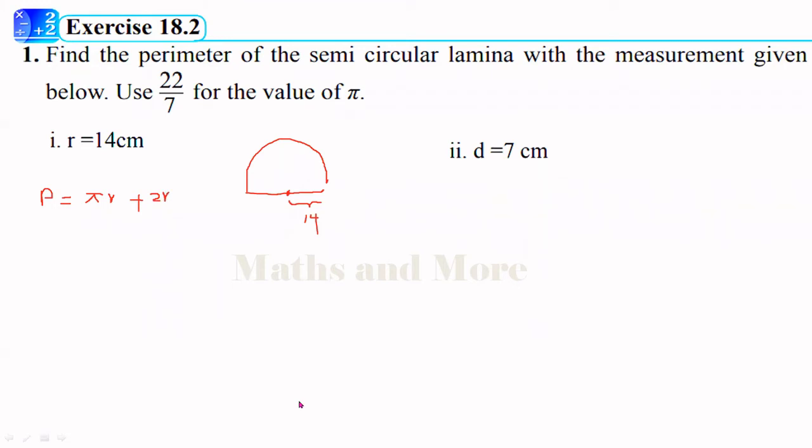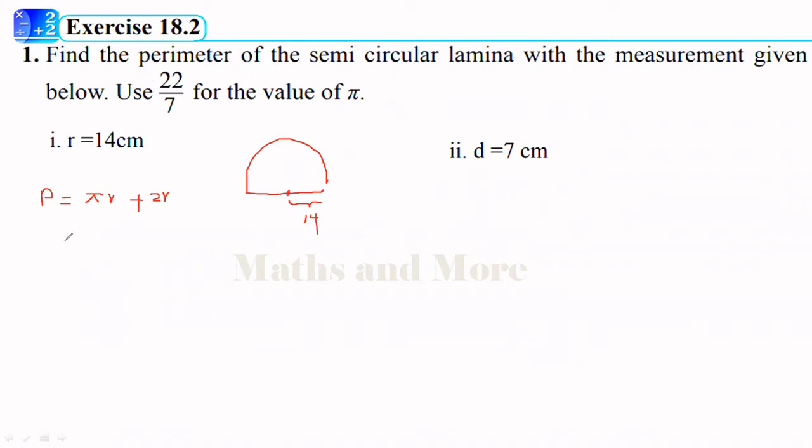Can you remember the perimeter of a semicircle is 5r plus 2r. I explained that formula. Perimeter of a semicircle is 5r plus 2r.